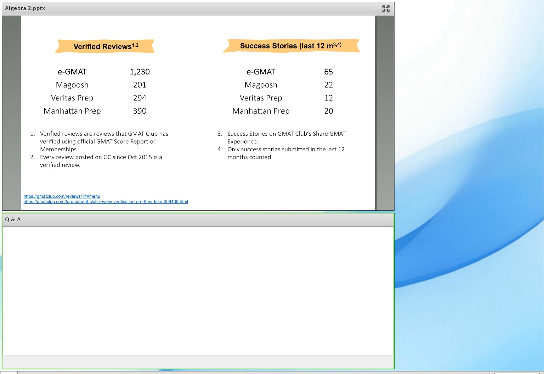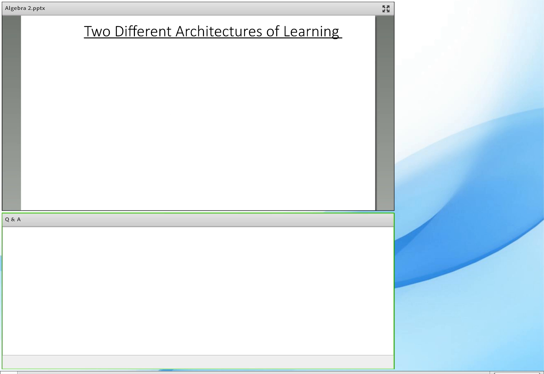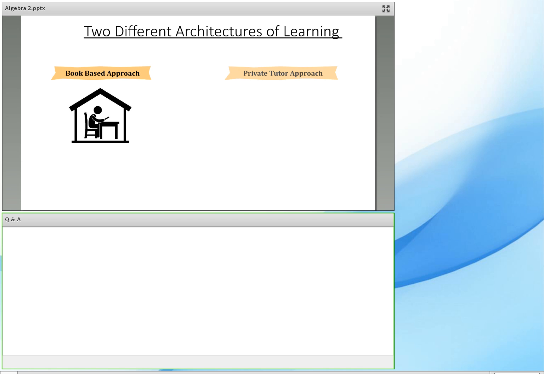So what makes our students more successful? I think if there's one thing that makes our students more successful, it is our approach to GMAT preparation, or the architecture of the learning that we provide. When you think about the various architectures of learning that exist today, you're going to find that there are two dominant architectures. One is the book-based architecture, and the second is a private tutoring-based architecture.